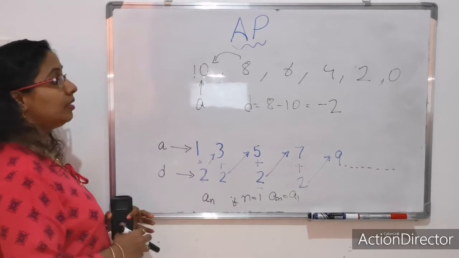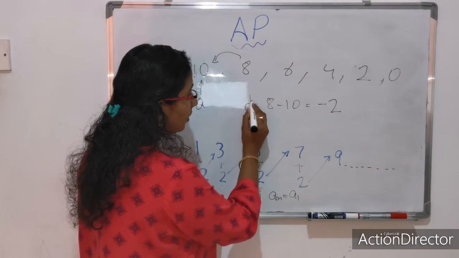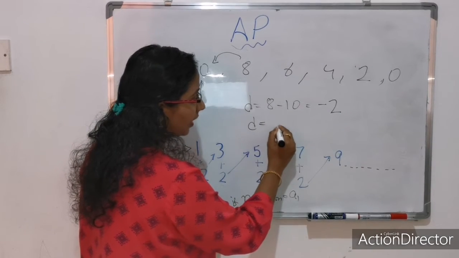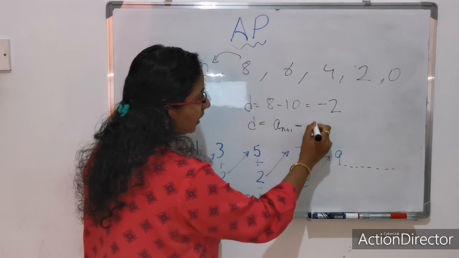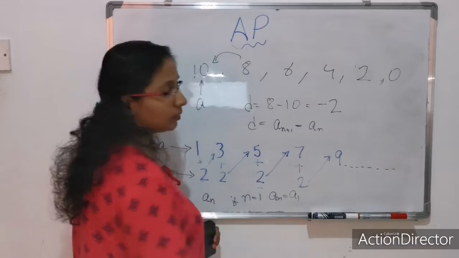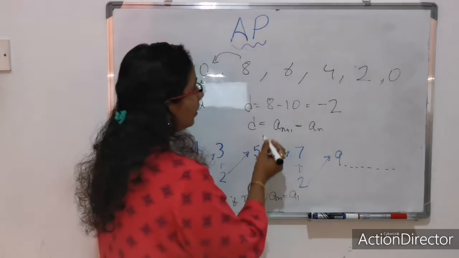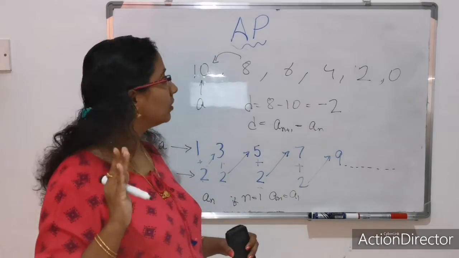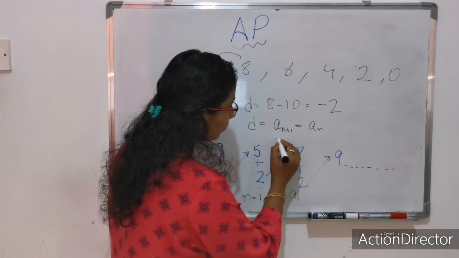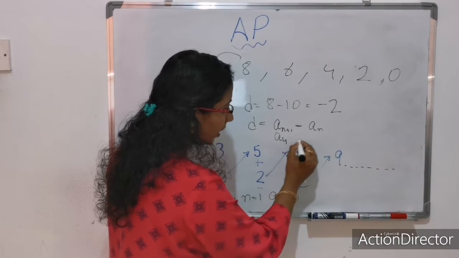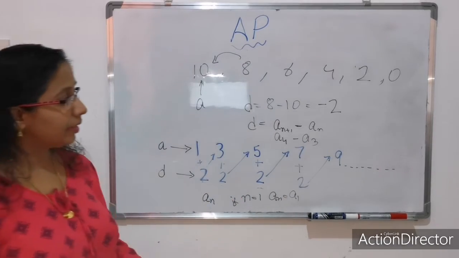And D in general can also be written as a n plus 1 minus an. Suppose n is 3. So a 3 plus 1 will become a4, minus a3, right?